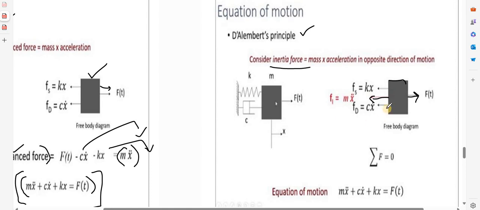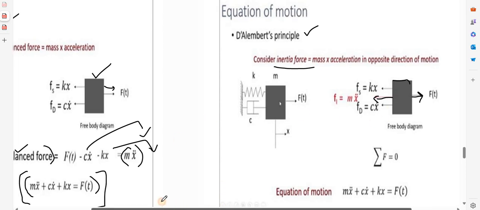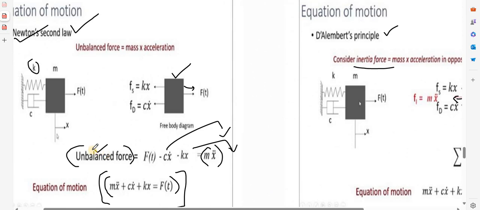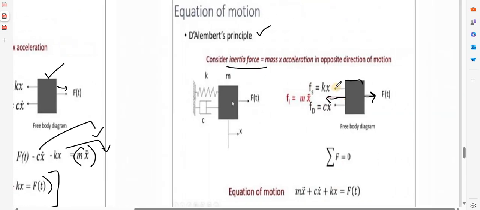The difference is, here we are using Newton's second law. By using Newton's second law, I find the unbalanced force, and that unbalanced force will be equal to mass into acceleration. And here I am drawing the free body diagram, then using D'Alembert's principle, which states that if a body is moving in one direction, it will be opposed by another force in the opposite direction.